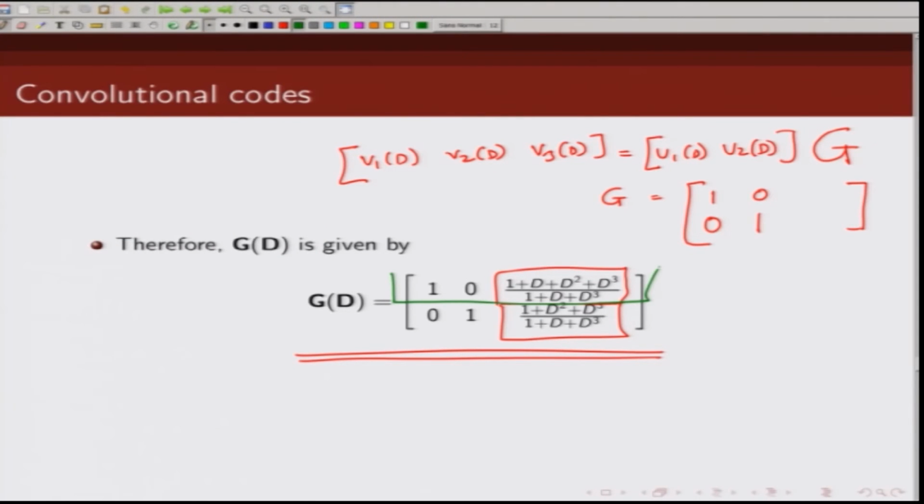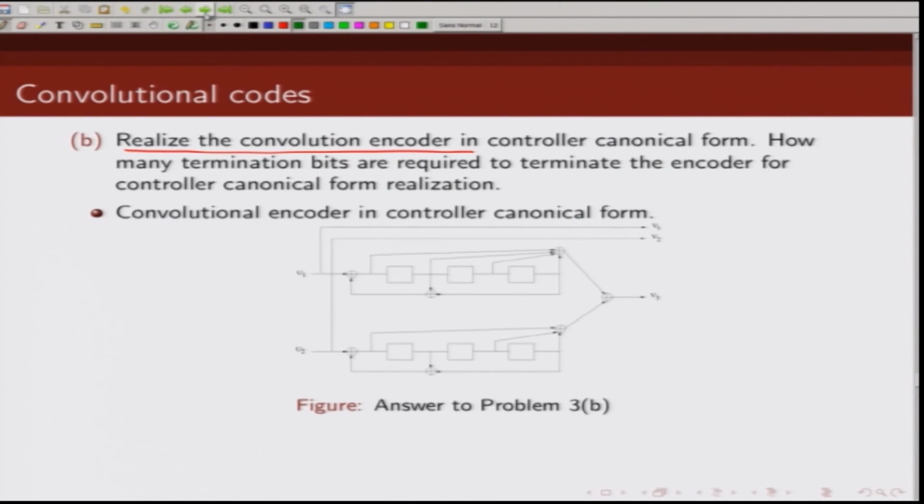So, this is one input, this is the second input, right. Please note this is a feedback polynomial. So, we would require a feedback polynomial, and the maximum degree here is 3 and the maximum degree here is also 3. So, we will require 2 sets of shift registers.